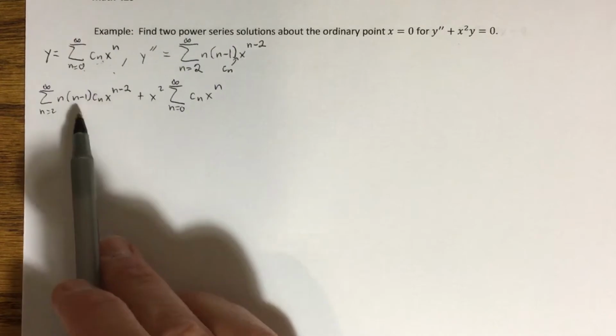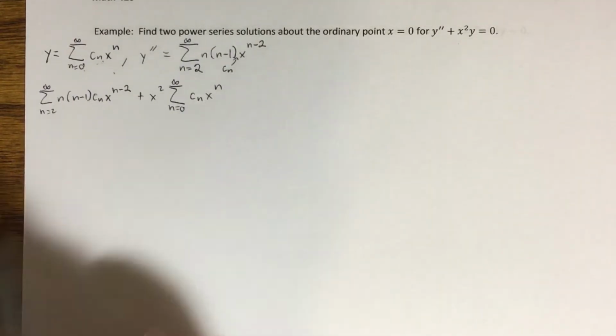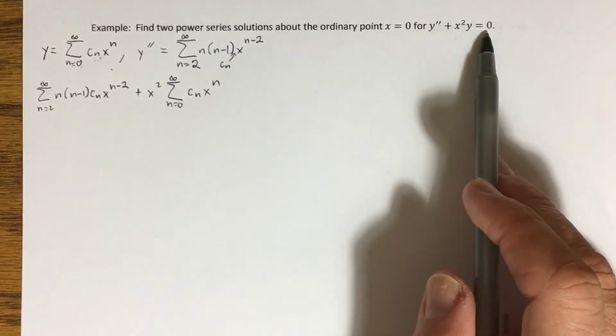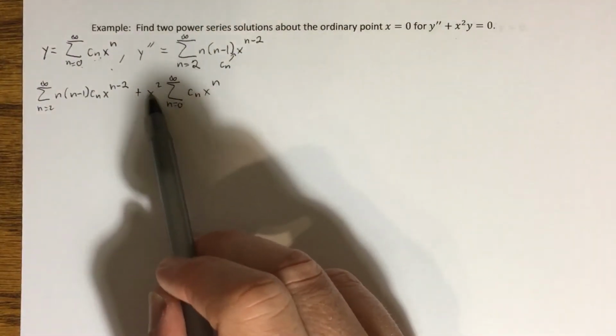What I want to do now is try and combine all of this into a single summation, set that equal to 0 because that's what my DE says is happening, and then proceed like we did at the end of the last section when we did a similar example. I can multiply this x squared into this sum right here.